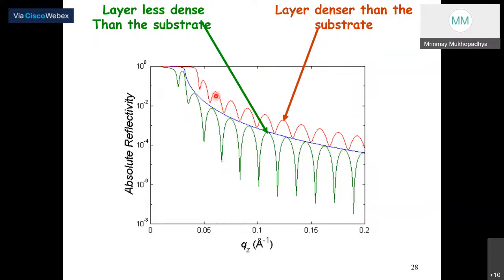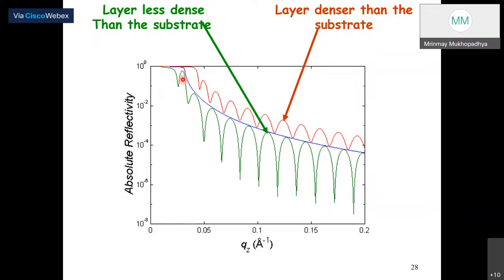So you are actually measuring this one, but actually your substrate profile is this. And from that, you can immediately extract the substrate roughness, and this can be analyzed. But if you have, let's say, some lipid film or some stearic fatty acid film, which is soft, having basically carbon, hydrogen, nitrogen constituents, then it will have a density lesser than the silicon or glass.